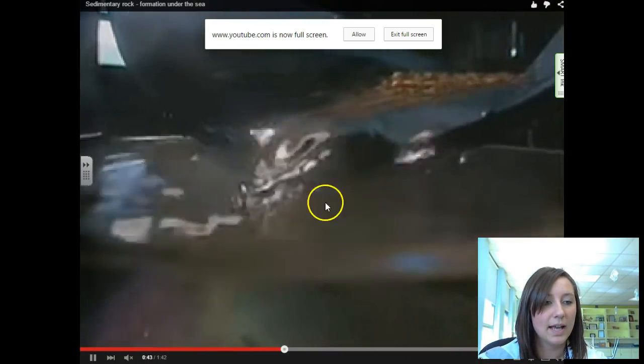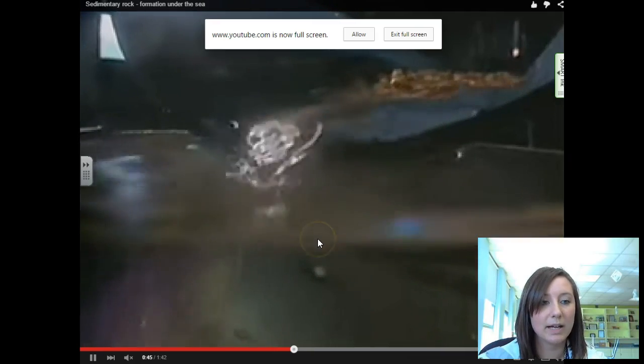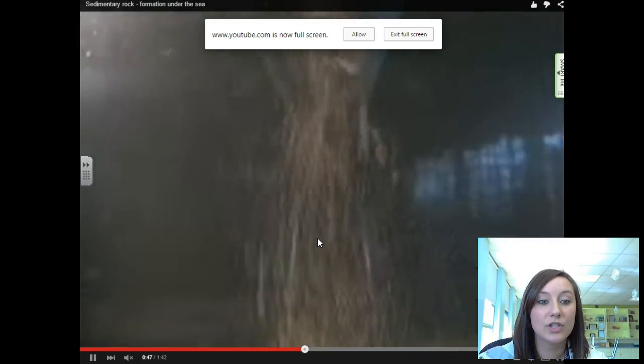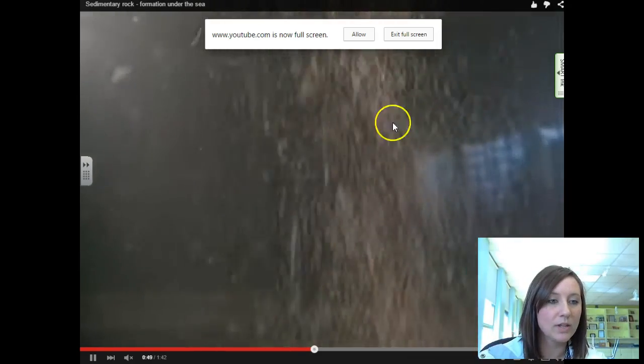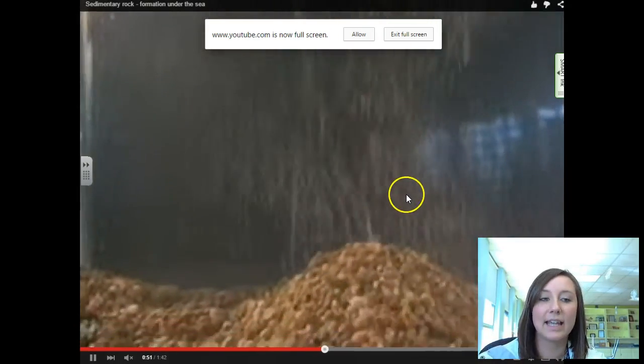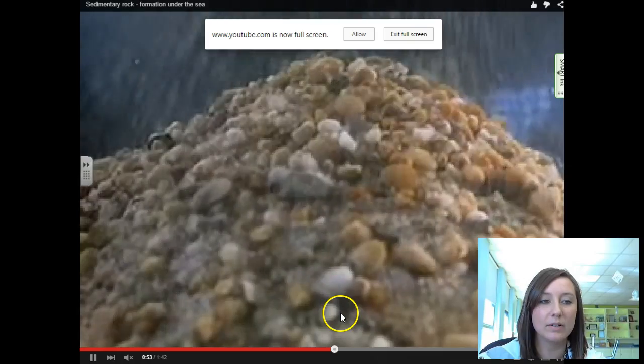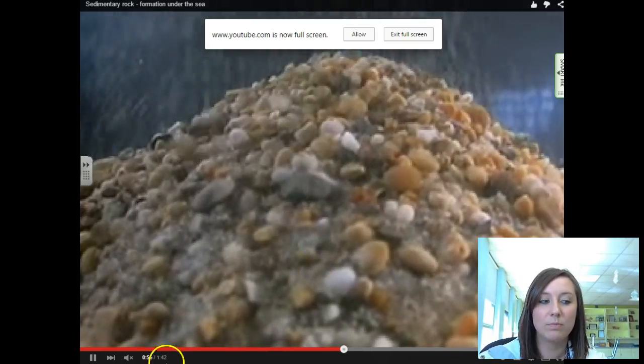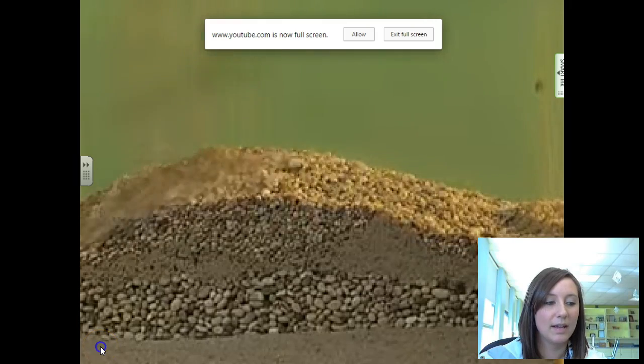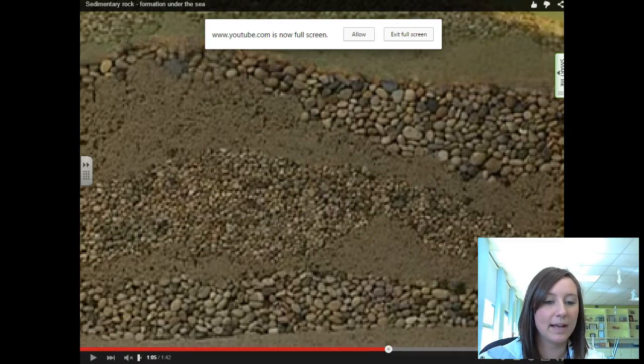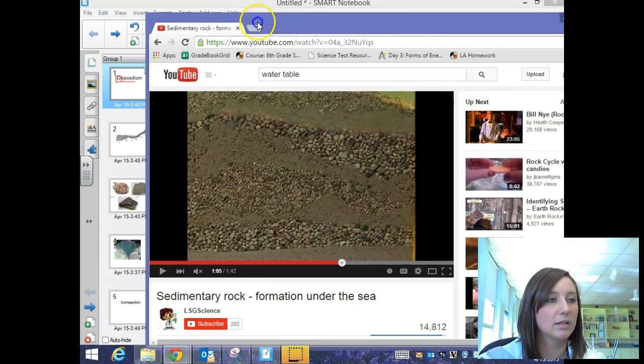You can see as the river hits the larger body of water, the kinetic energy starts to decrease. And as it decreases, it can't carry all that sediment, and the sediment falls out, and it starts to pile up. Now, we're going to stop it right here, and we'll come back to this in a second when we move on to our next step.